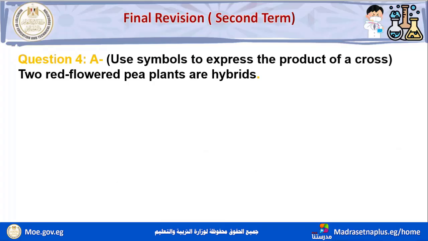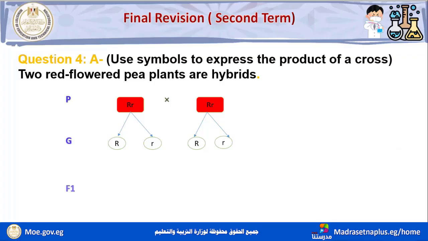Question 4, letter A, use symbols to express the product of crossing two red flowered pea plants, or hybrids. Parents: Rr, Rr. Gametes: R, r, R, r.